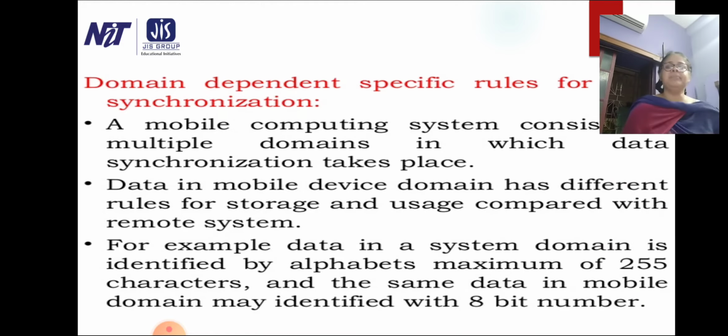For example, data in a system domain is identified by alphabets with a maximum of 255 characters, and the same data in the mobile domain may be identified with an 8-bit number.